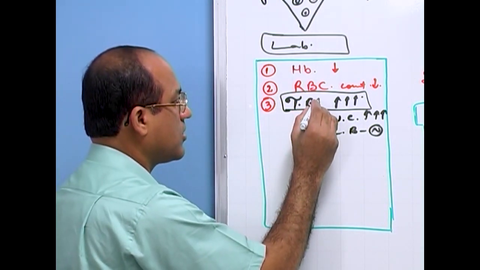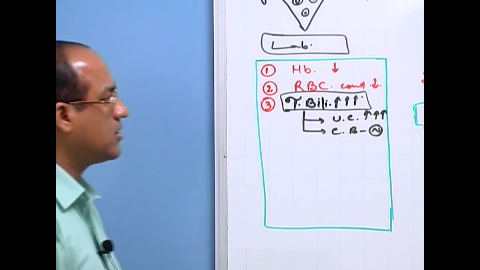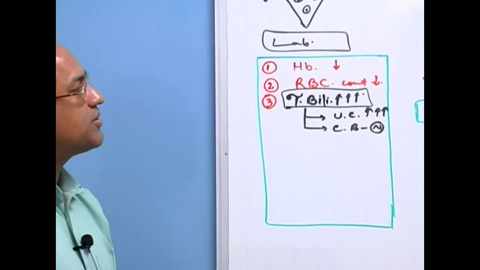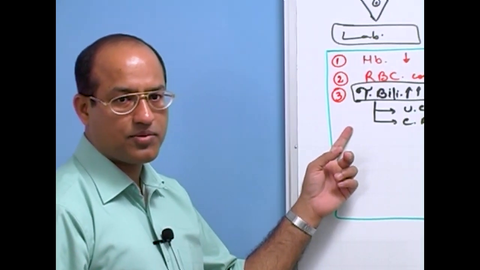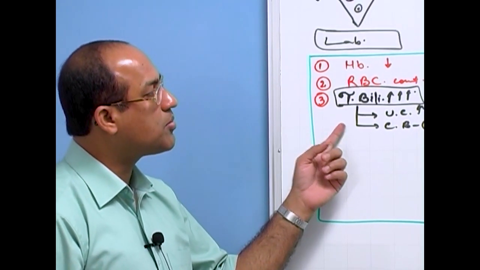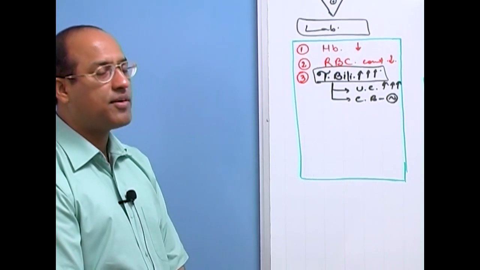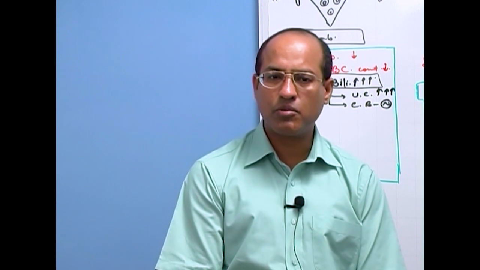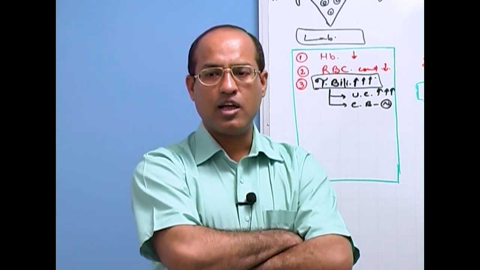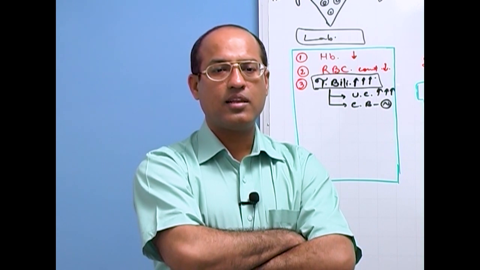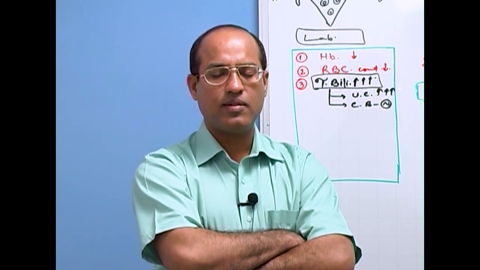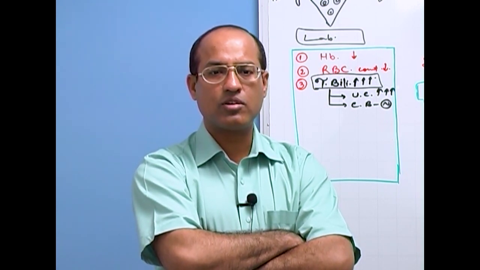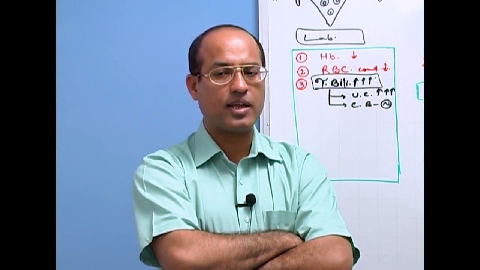Usually this unconjugated hyperbilirubinemia, if your liver is functioning well, does not exceed levels of 5 to 6 milligrams per dL. Let me repeat it. If there is excessive hemolysis but the liver and hepatobiliary system are functioning well, the unconjugated hyperbilirubinemia usually does not exceed 5 to 6 milligrams per dL.